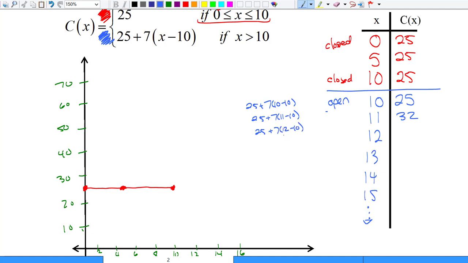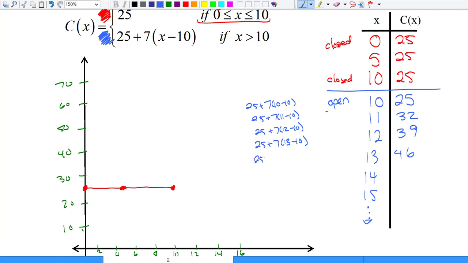7 times 2, because 12 minus 10 is 2, is 14 extra dollars. So 25 plus 14, that's 39. So if I have 13 gigs, that's 3 extra gigs that I have to pay $7 a pop for, so that's 21, and 21 plus 25 is 46.